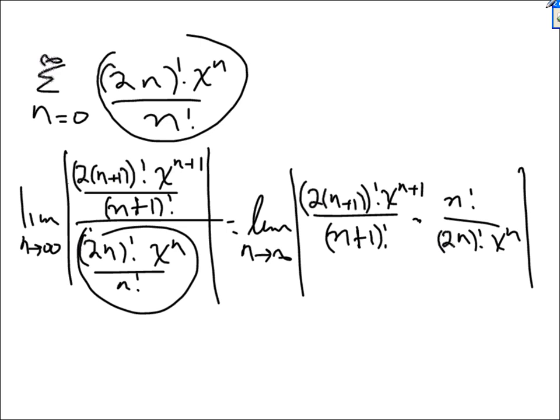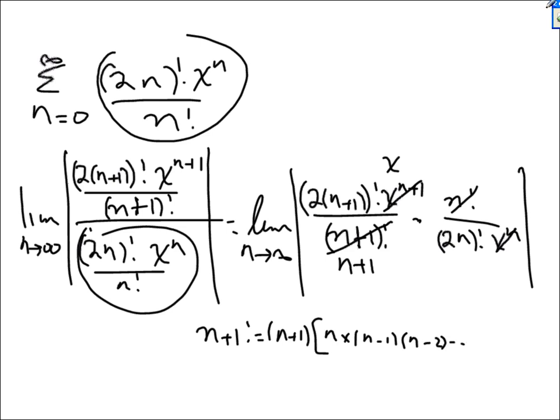Okay, the first thing I would say is x to the n goes in here exactly x times. And n factorial goes in here n plus 1 times. Remember, n plus 1 factorial is n plus 1 and then n times n minus 1 times n minus 2 down to 1.